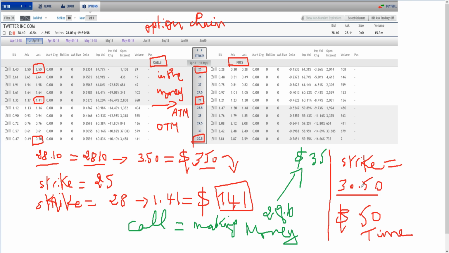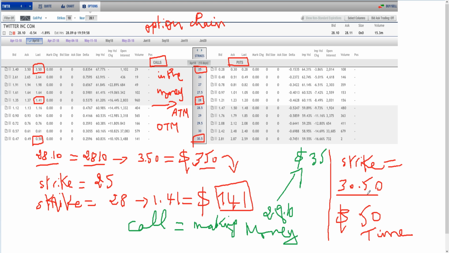It means after $30.50, this $50 will become more and more, maybe 100 or 200 or 300, depending on where the stock goes up. So the direction is very, very important here in order to make money or lose money.